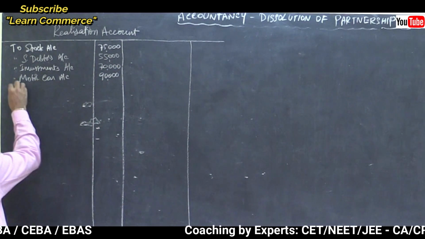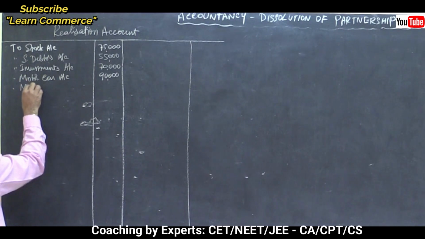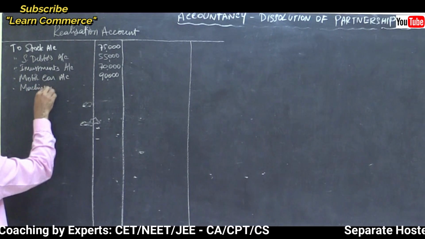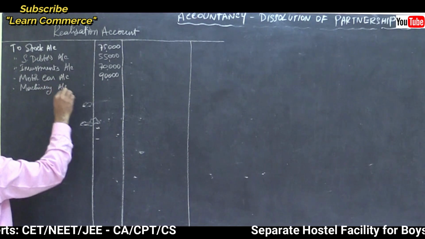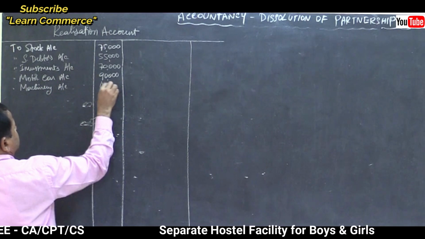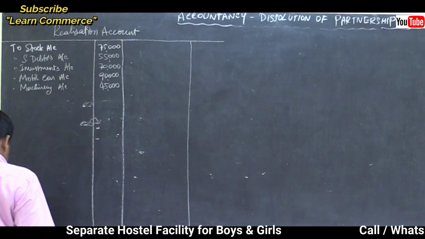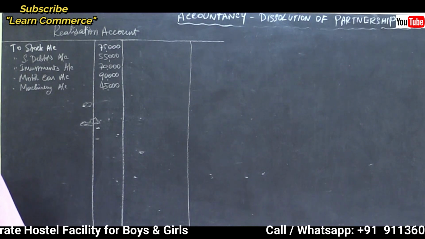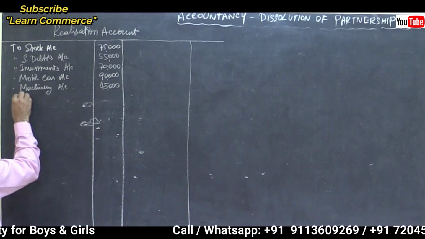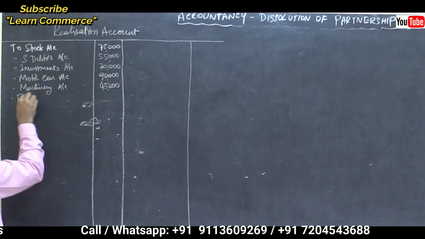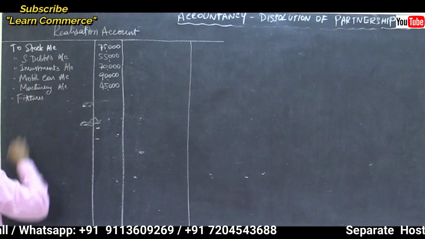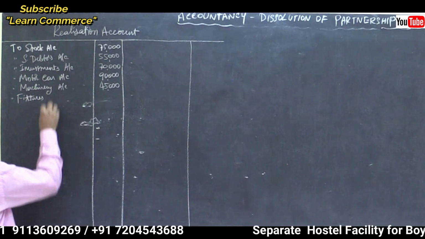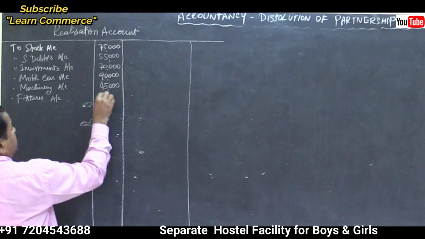Machinery account, 45,000. Fixtures, 9,000.